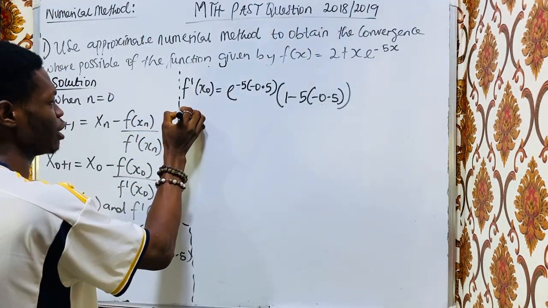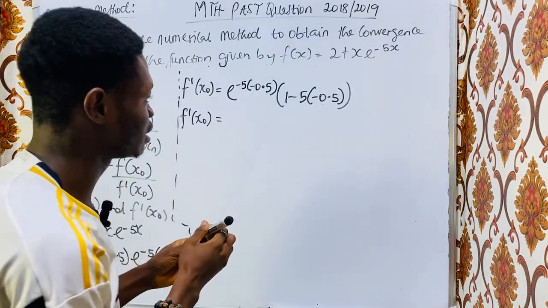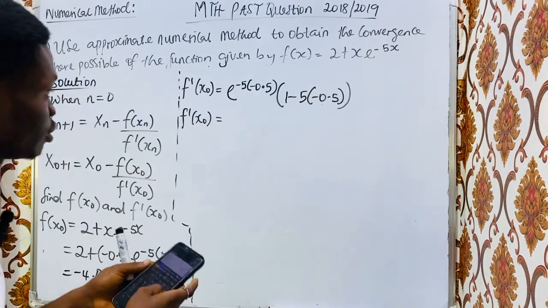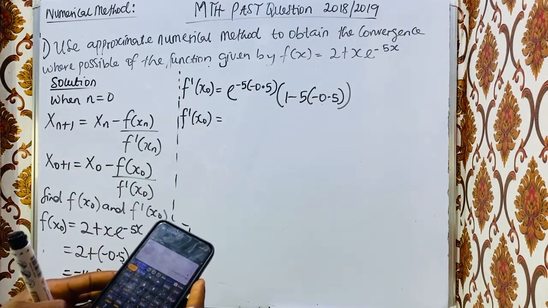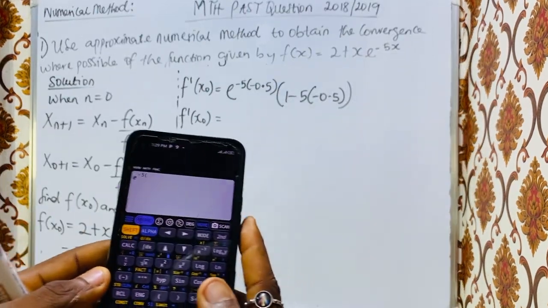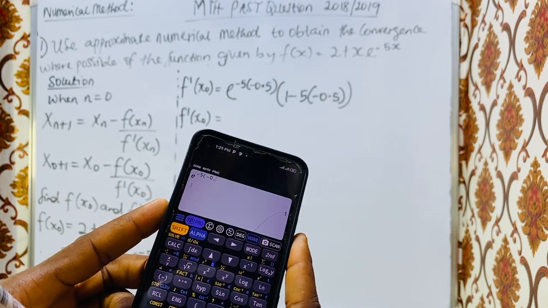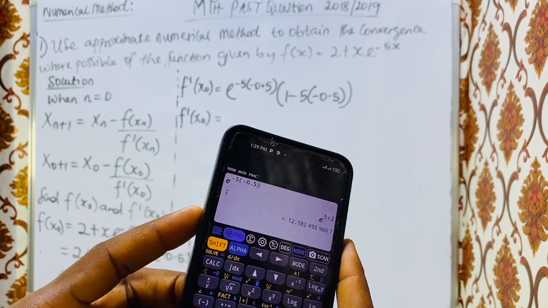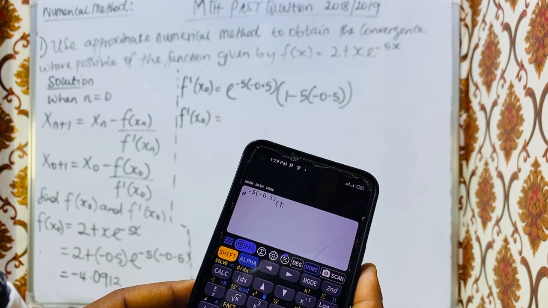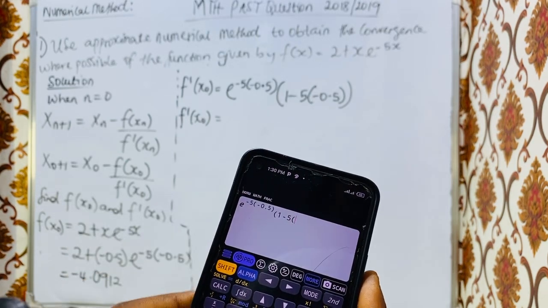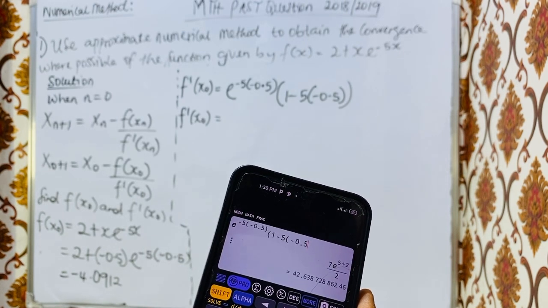So we are going to have f prime of x naught, which will give us what? When we do this in our calculator, we do exponential negative 5 times negative 0.5, close it, then times 1 minus 5 times negative 0.5.